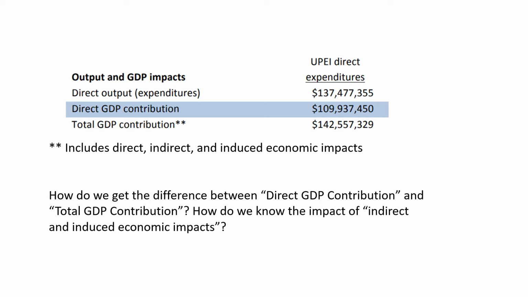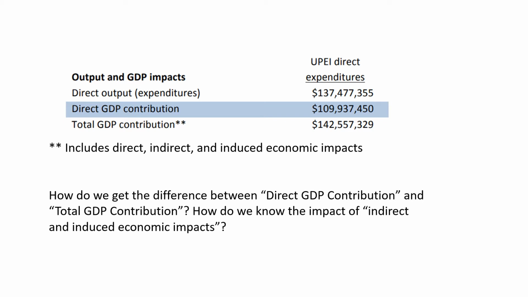Then there's also the induced economic impacts, things that are more distant. So because the university grows the food industry, the food industry needs to buy more raw materials. So that grows another part of the economy, not directly because they're directly supplying the university, but because they're supplying the people who supply the university.